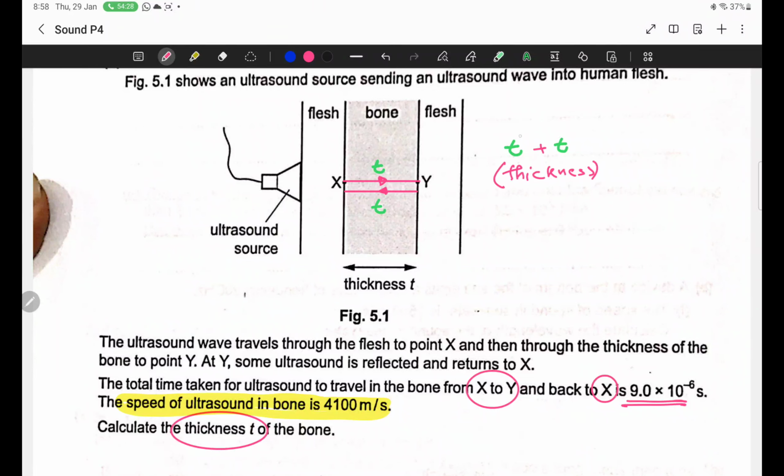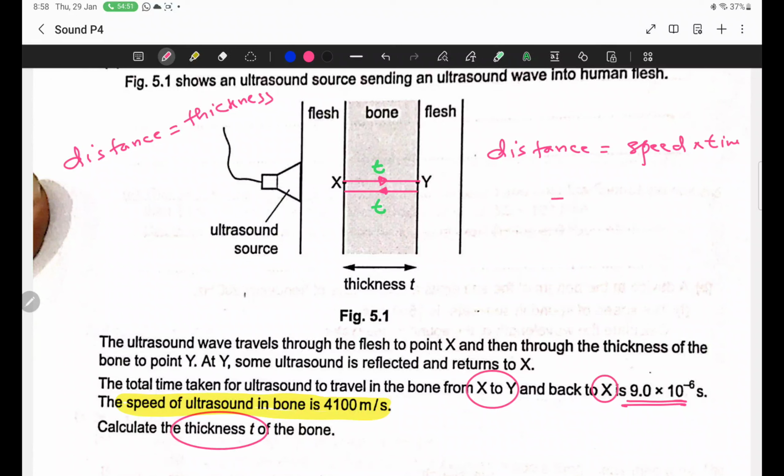Actually, this is just like distance, so I should say distance is equal to thickness. In this question, distance is the thickness. So I should write distance is equal to speed into time. We are given the speed.